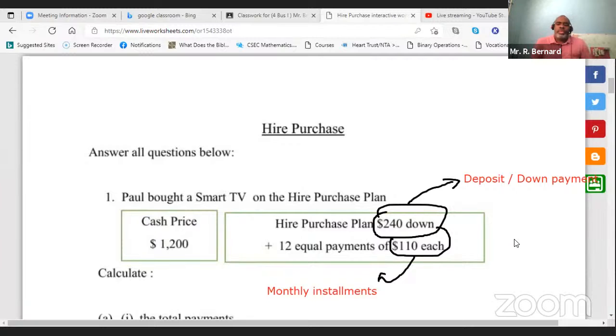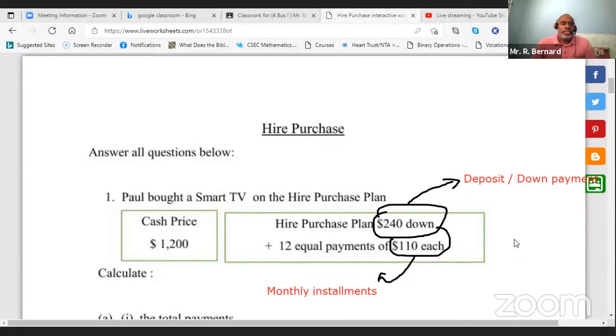So when we talk about hire purchase, we have the deposit or the down payment, and we also have the monthly installments. Everybody get that? The monthly installments, as it says, is the amount that you pay each month for the period. So they gave Paul 12 months to pay $110 each.